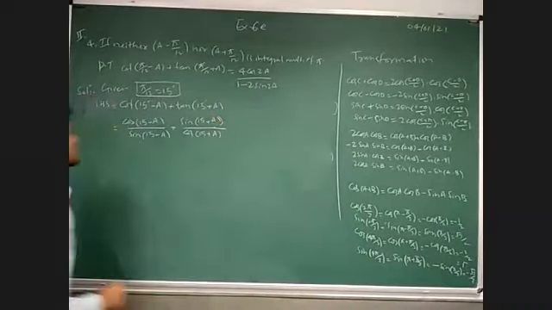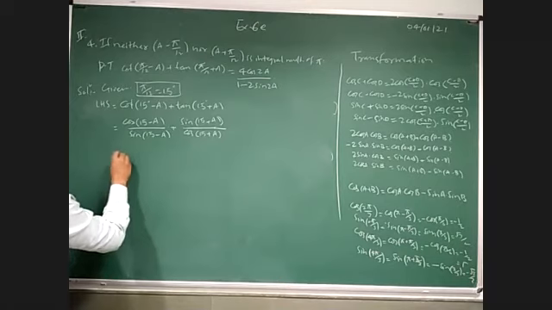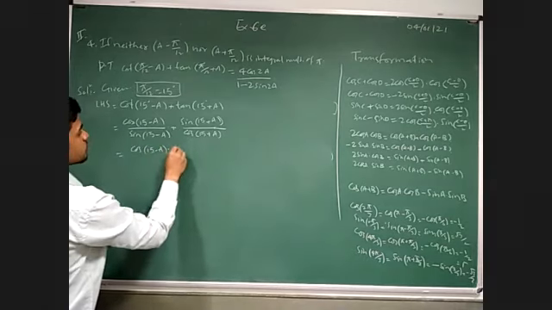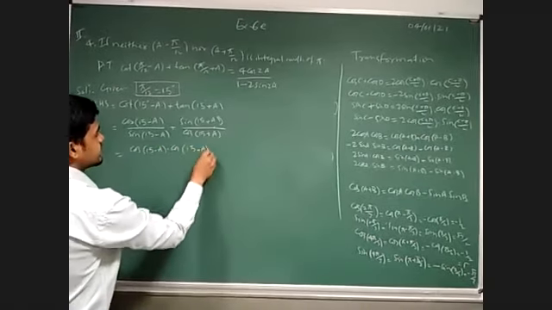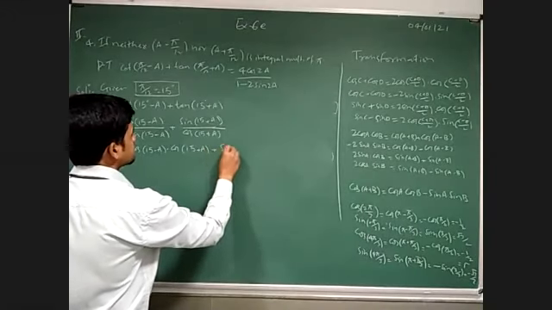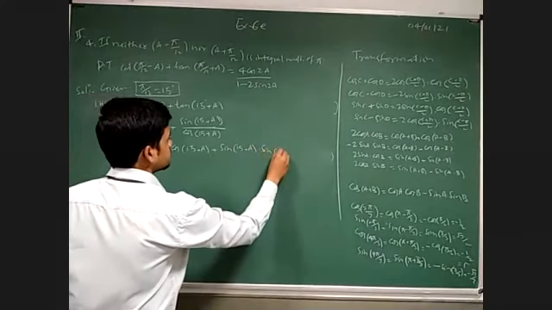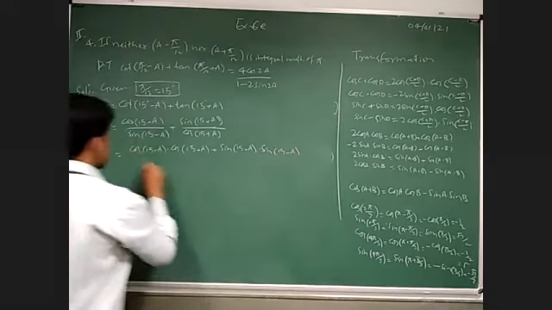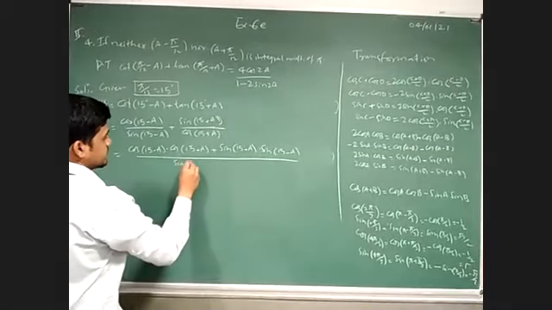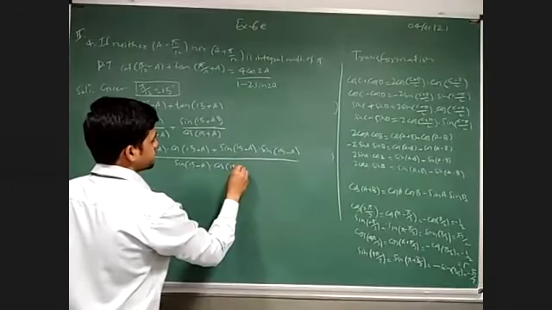Now just multiply in a cross way, so you will get cos(15 minus a) into cos(15 plus a) plus sin(15 plus a) into sin(15 minus a), and in the denominator we will have sin(15 minus a) cos(15 plus a).